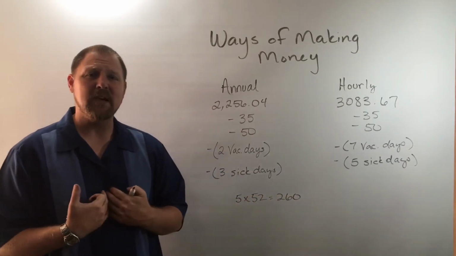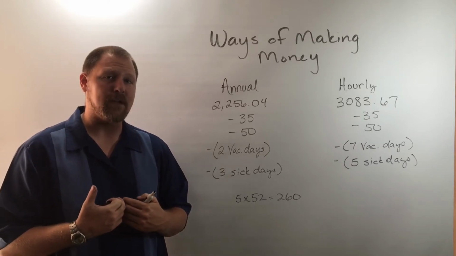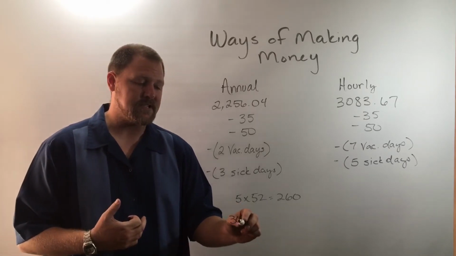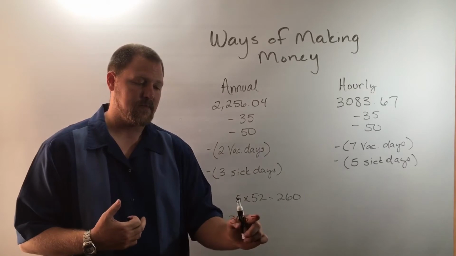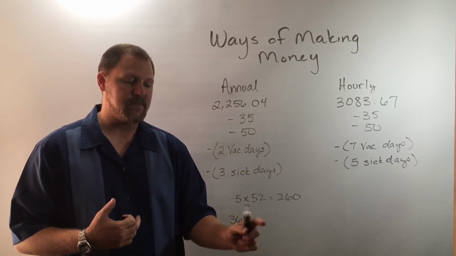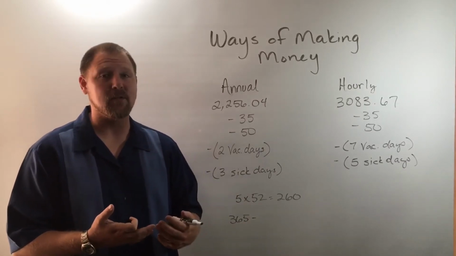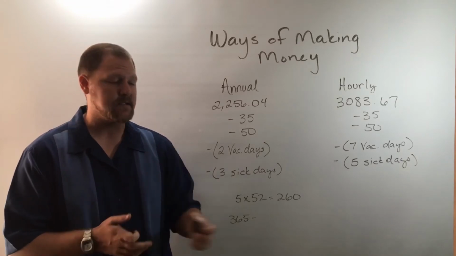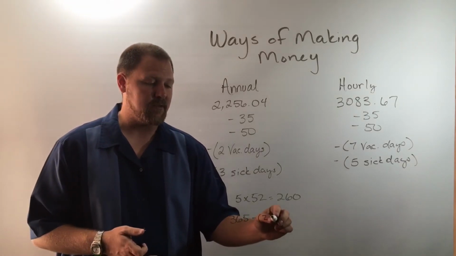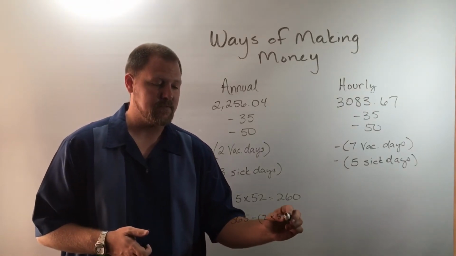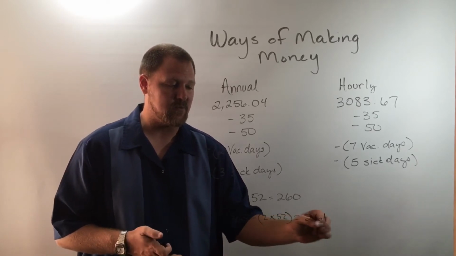Now that to me makes a lot more sense than 240, because there are 365 days in the year, but then you have to subtract the days you don't get paid for, which we all know are weekends, and there are 2 weekends every week times 52. That's going to give us 261.